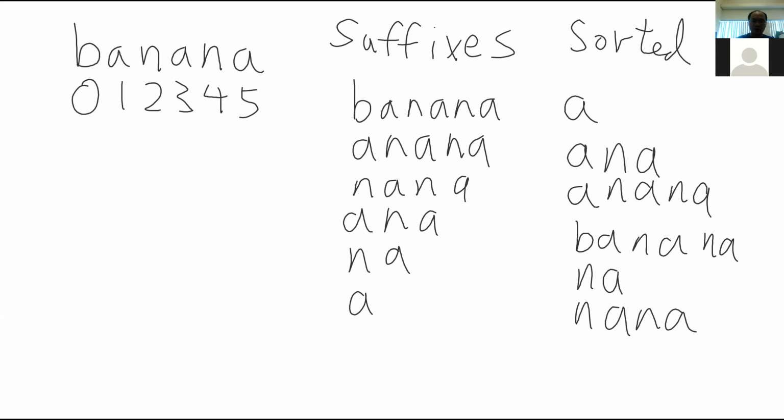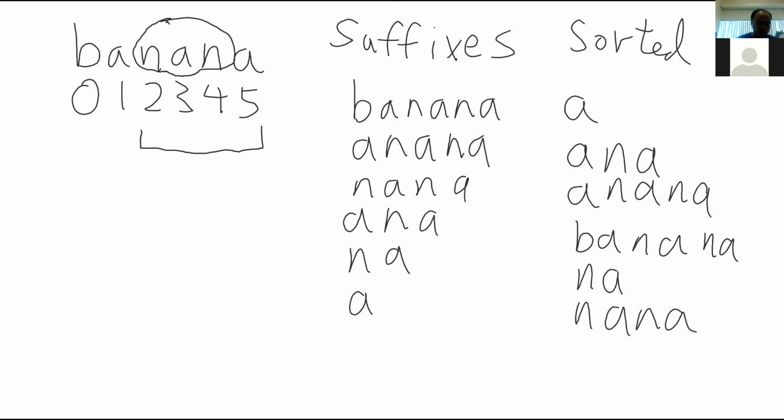Now, why is this useful? Let's imagine that I'm trying to look for a substring. Let's say I'm trying to know if the substring NAN is in my original string. Well, a substring has to start somewhere. In this case, it starts at index 2. So if I look at the suffix that starts at index 2, NAN is a prefix of that suffix.